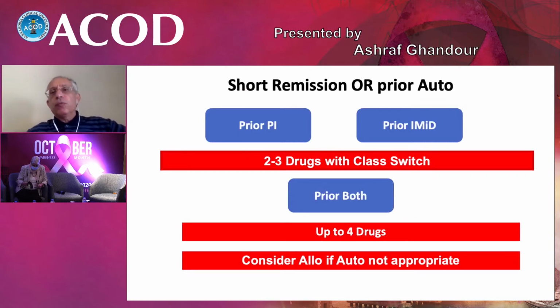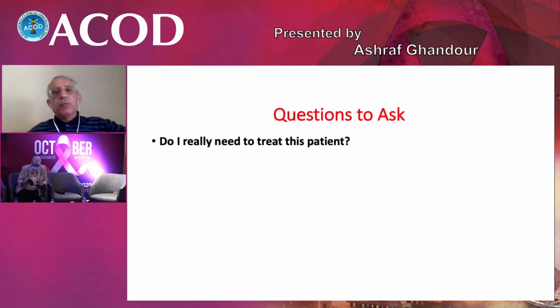But short remission or prior auto, the patient may have had proteasome inhibitors or IMiDs, so we should use 2 to 3 drugs with a switch from IMiDs to proteasome, and vice versa. If prior both, if he received both, we should take up to 4 drugs and consider allo if auto is not appropriate.